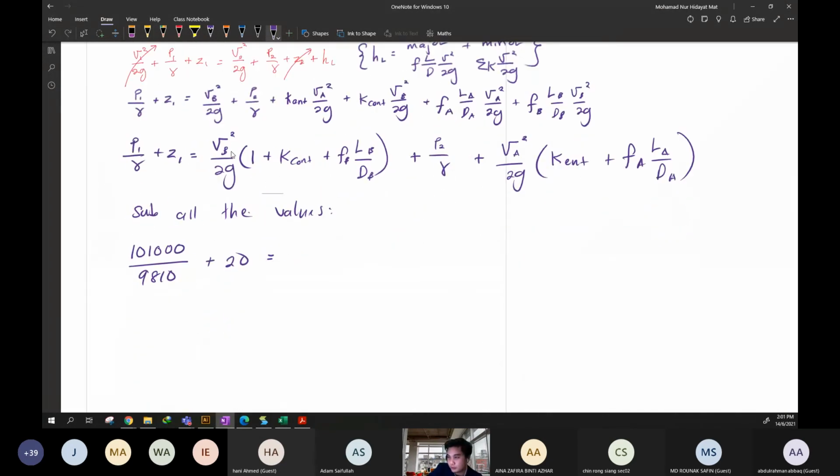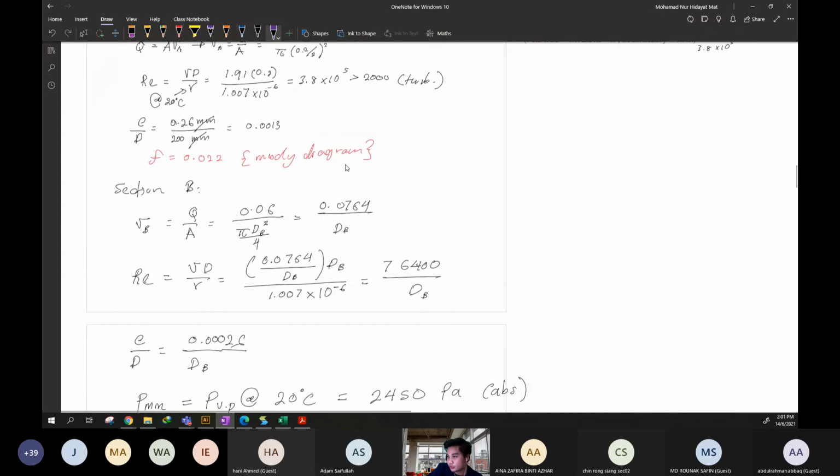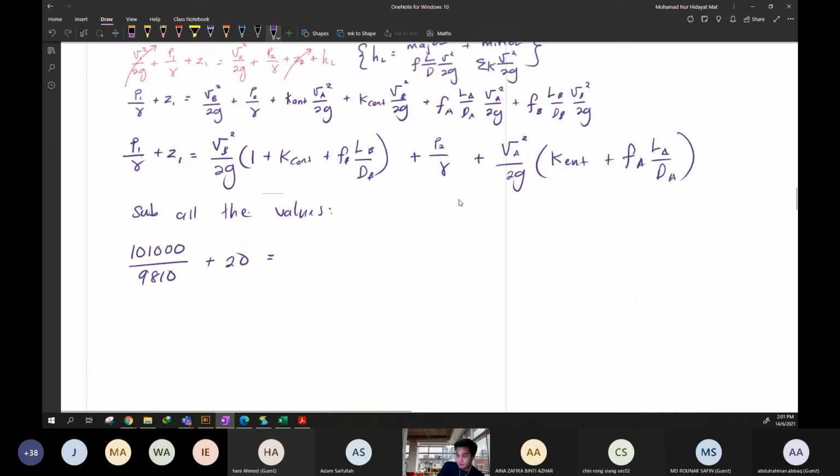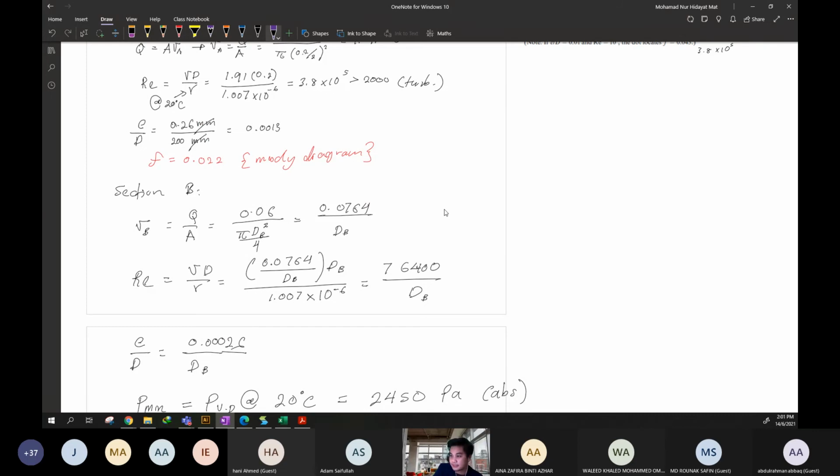VB is found already from this relationship, 0.0764 over dB squared over width. You can see basically this is squared, because we have the square here.